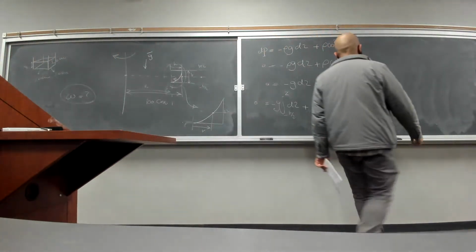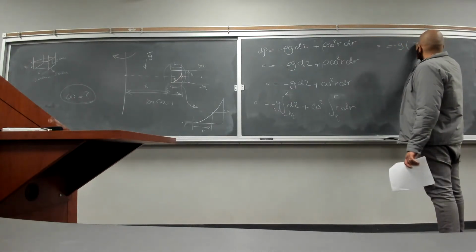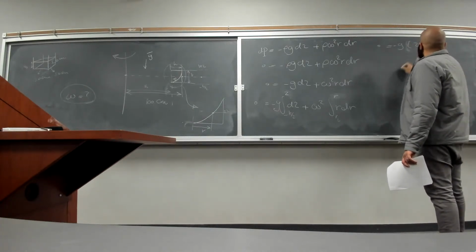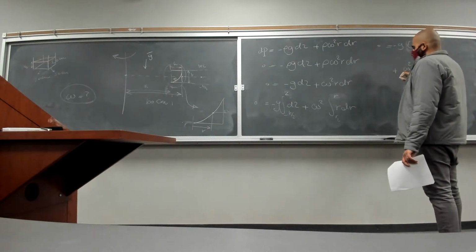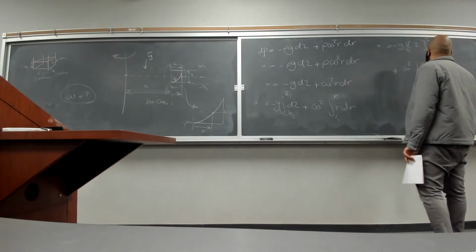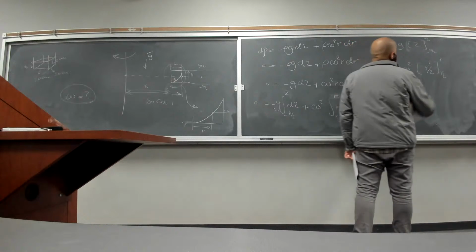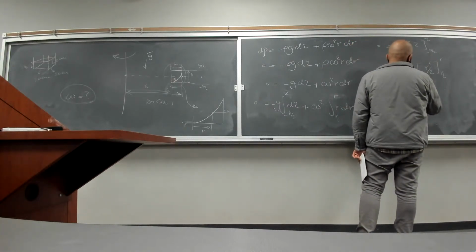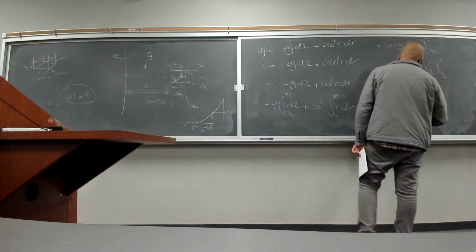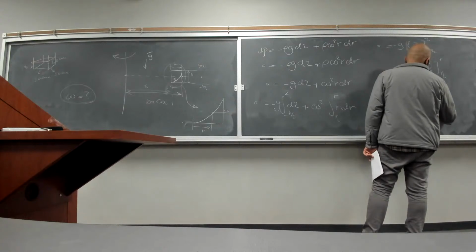So let's take this integral. It's going to be negative g multiplied by z from negative b over 2 to z, plus omega squared times r squared divided by 2 from R of L to R. Plugging the values in, we get negative g times (z plus b over 2) plus omega squared times (r squared over 2 minus R of L squared over 2).